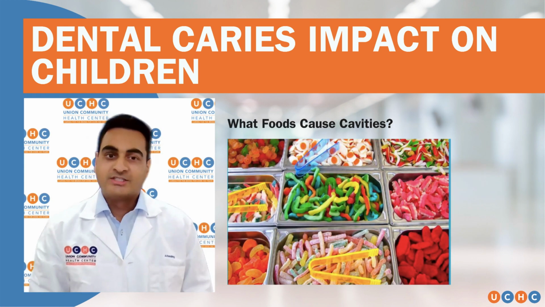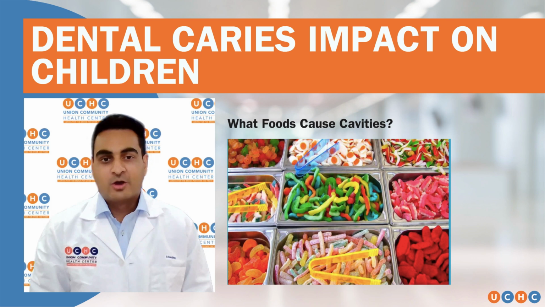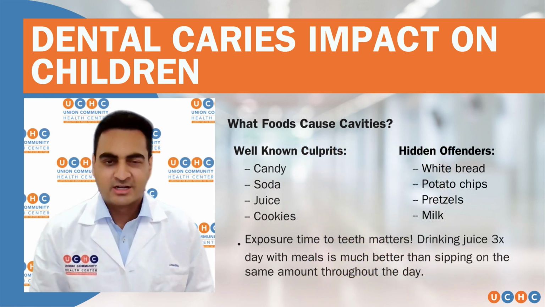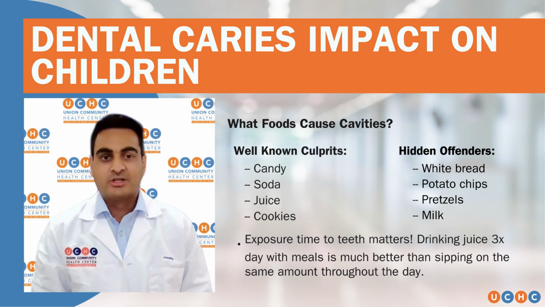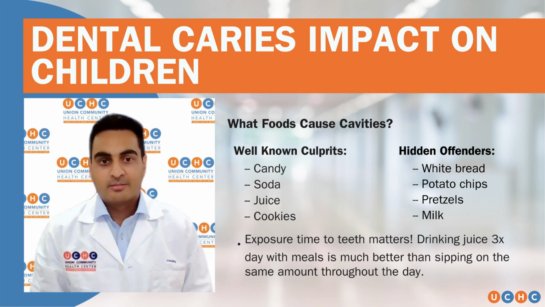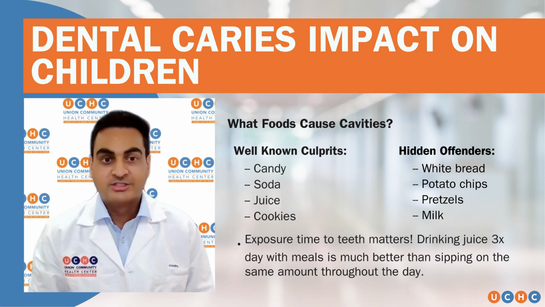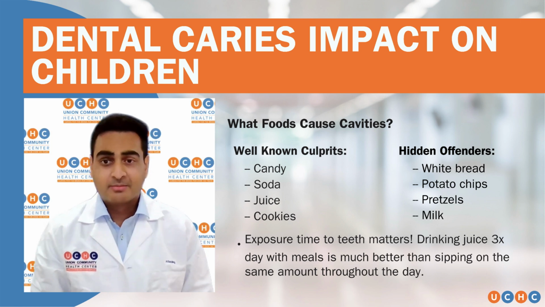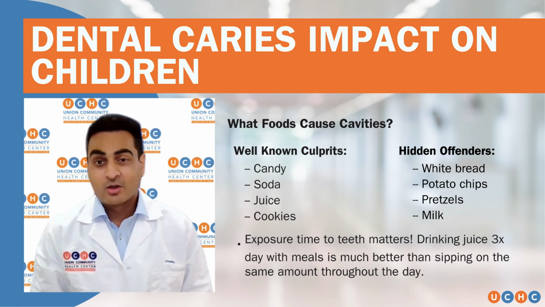So what foods cause cavities? A lot of us know the common foods that typically cause cavities. These are things like candy, soda, juice, and cookies. They're all things that we know contain a lot of sugar and subsequently are prime culprits in causing cavities. The thing that we might not know is that there are a lot of other foods like white bread, potato chips, pretzels, or even milk that can cause cavities as well.